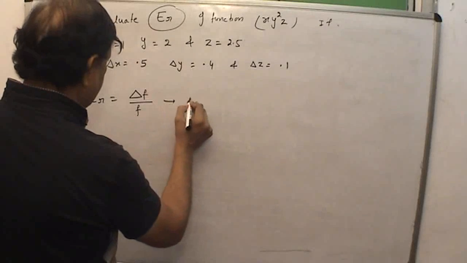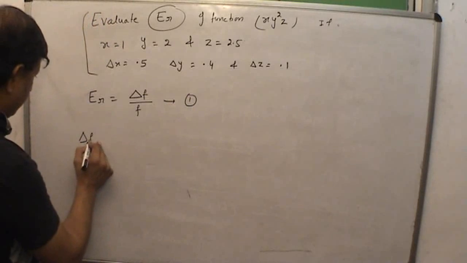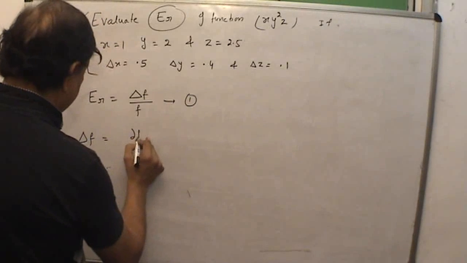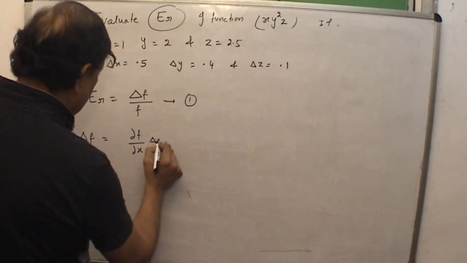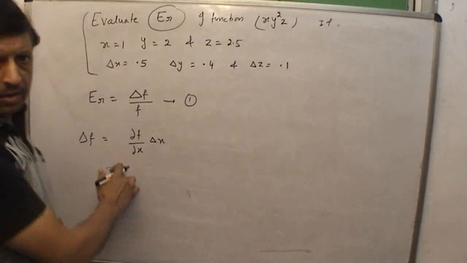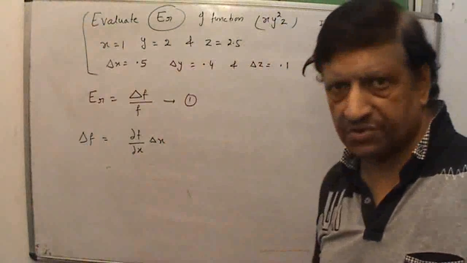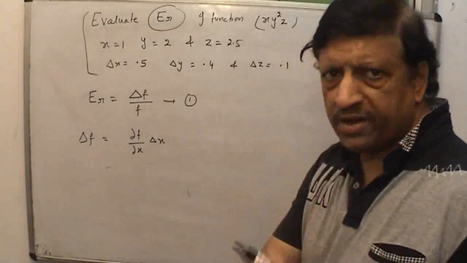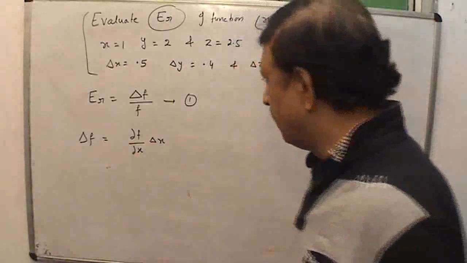Take it as number 1. Then what is delta f? Delta f is equal to curly f by curly x into delta x. We read it as curly. Curly means not ordinary differentiation, it is partial differentiation. Partial differentiation means we will differentiate only that part of the function which contains x.